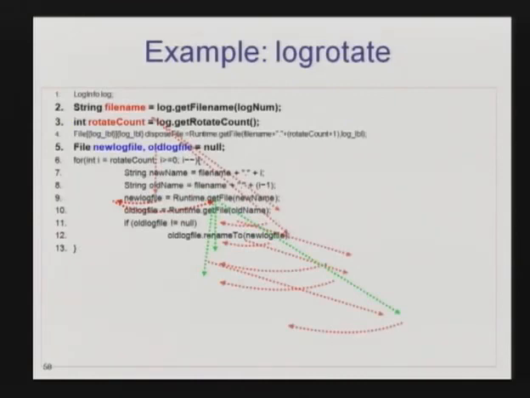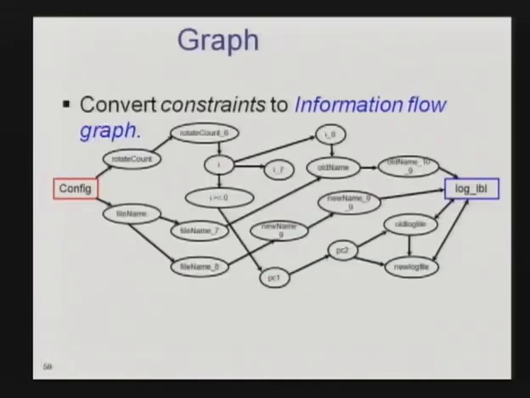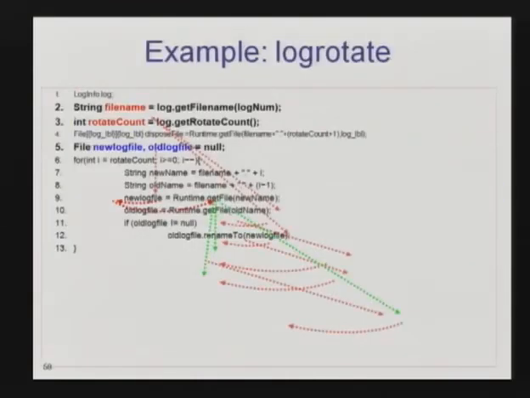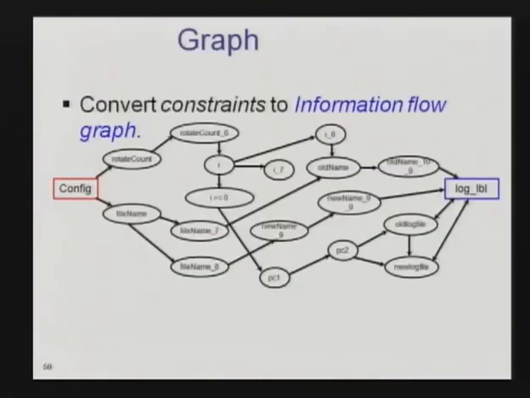So think about rotate count 6 to I, which corresponds to probably this one, rotate count I, from this formula. There is a flow of information from here to here.